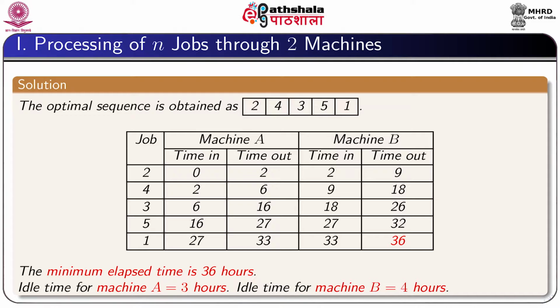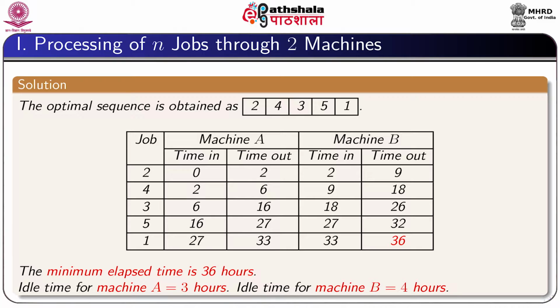Time in 0 indicates that the job 2 starts at 0 time and job 2 is completed on machine A after 2 hours, and until the job 2 is finished on machine A, machine B remains idle.